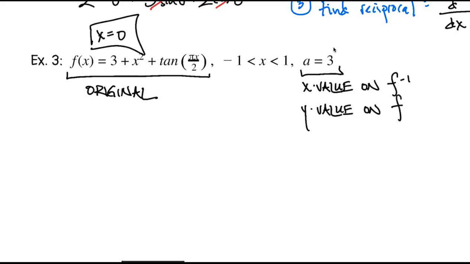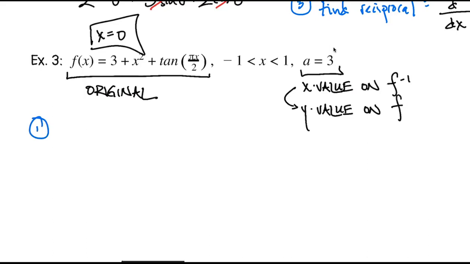So that train of thought is something I want us to really connect in our heads: if we have an x value on the inverse, that means we have a y value on the original. Now, let's go ahead and follow these 3 steps.